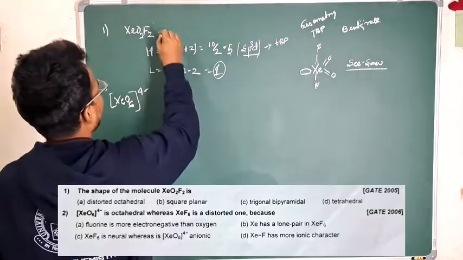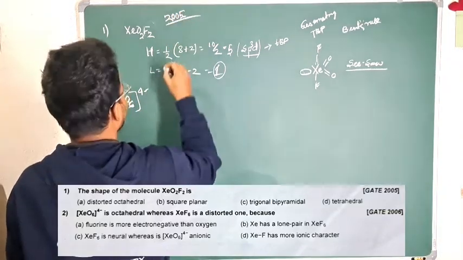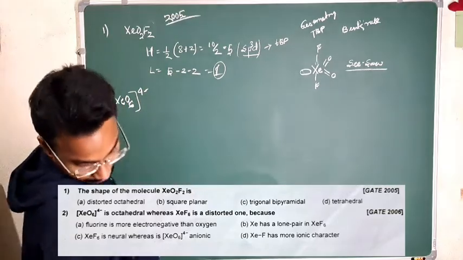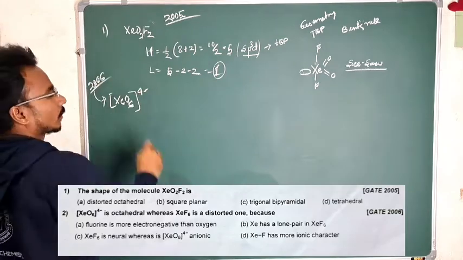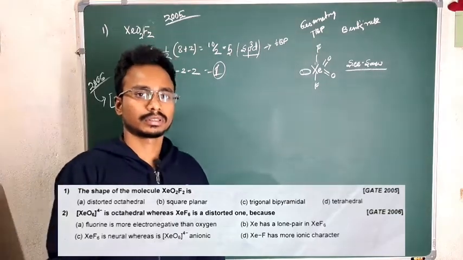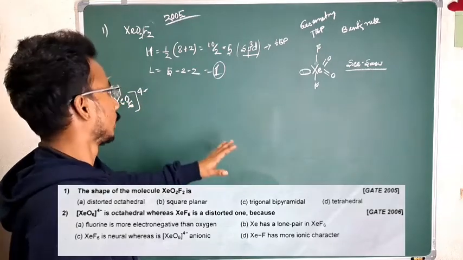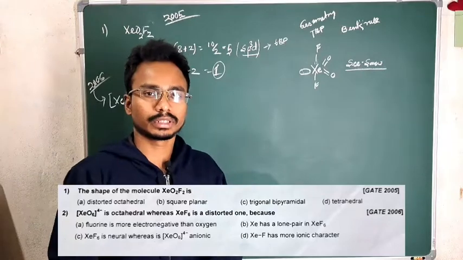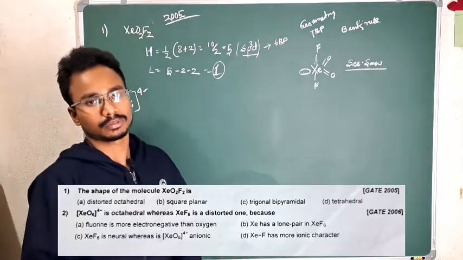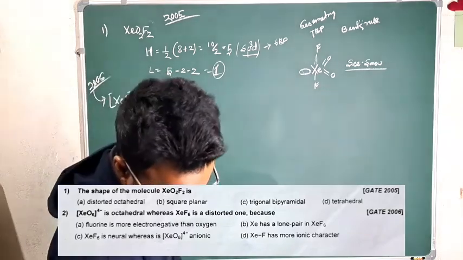It came in GATE 2005 and 2006. Chemical bonding is a very easy chapter, so solve the previous year questions and some basic concepts, and you will get full marks from chemical bonding, because 1 to 2 questions will come from here. So we will solve it.